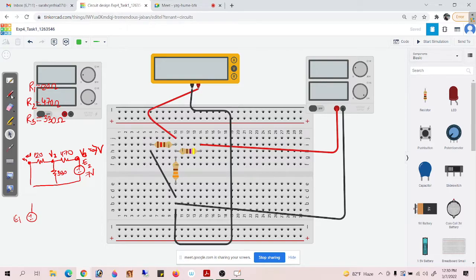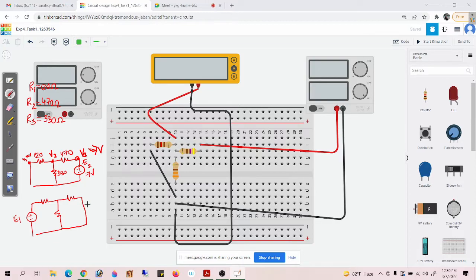So what I wanted to draw was basically the third circuit over here. This should be looking like this. So what have we done here?